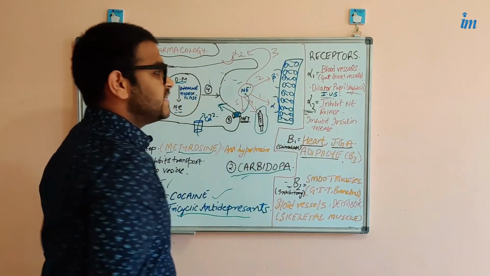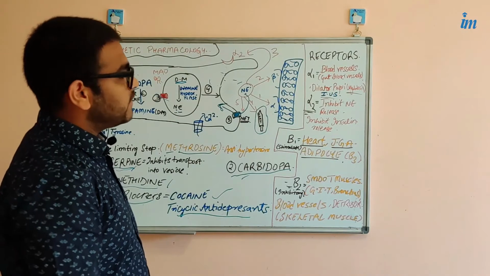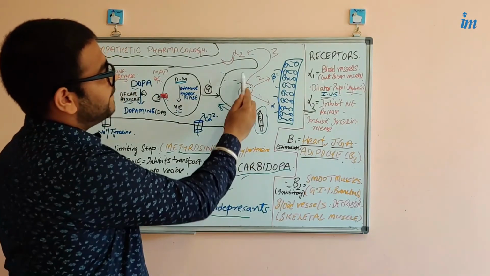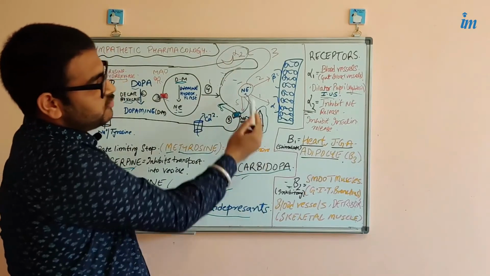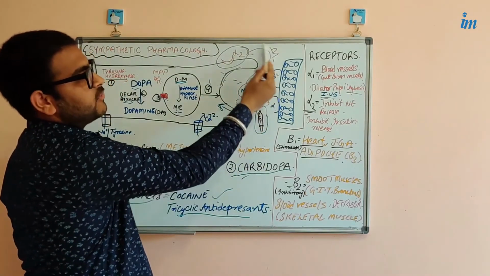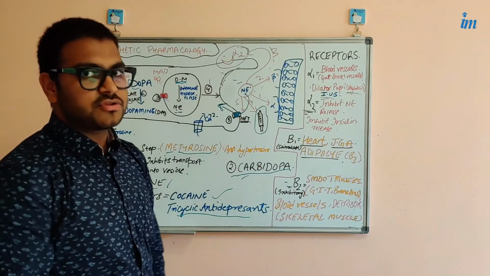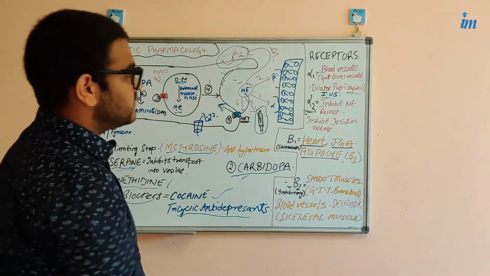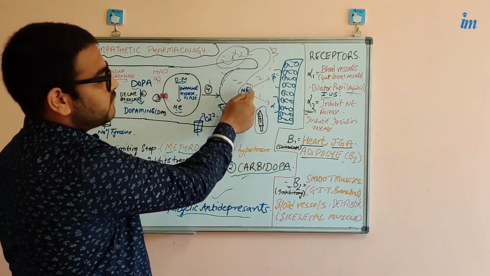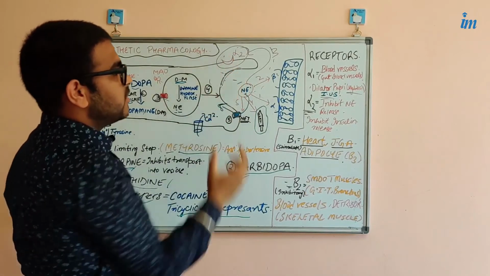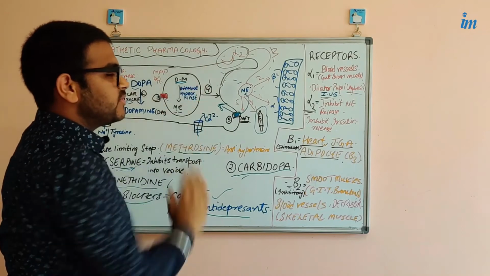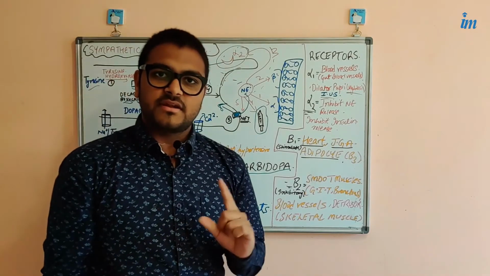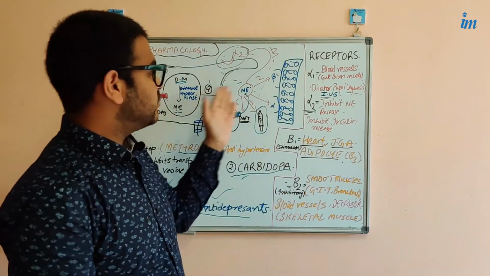Alpha 2 is present on the presynaptic neuron. If the norepinephrine from the cleft binds to the alpha 2 receptor on the presynaptic neuron, what does this cause? This binding causes inhibitory signals to this neuron, and these inhibitory signals will prevent the release of norepinephrine into the synaptic cleft.